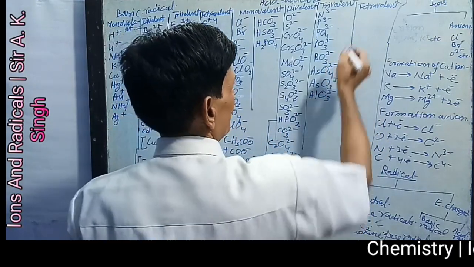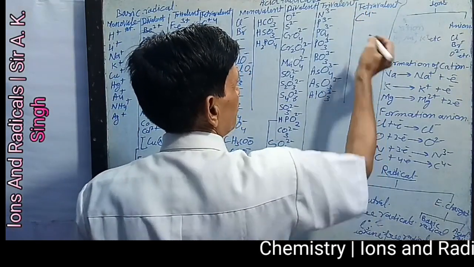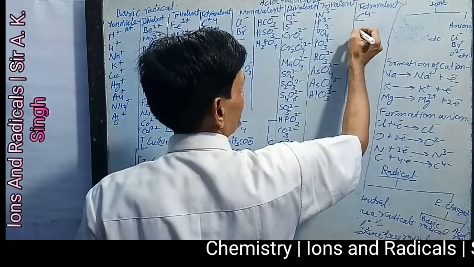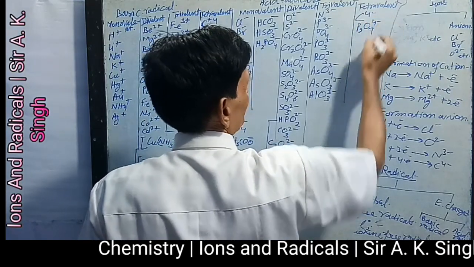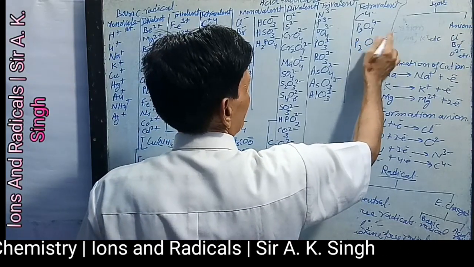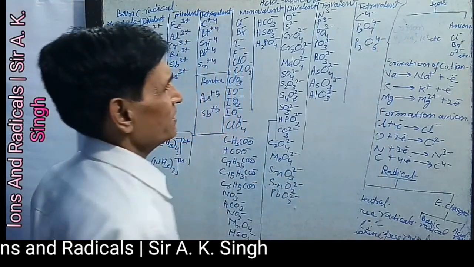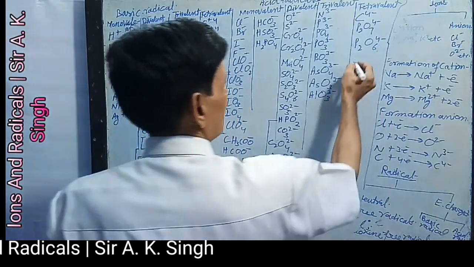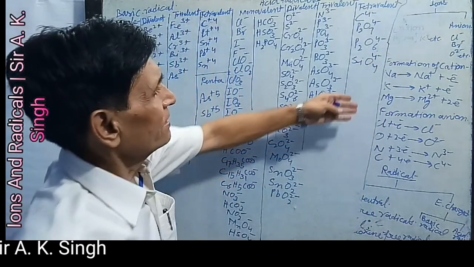They are called tetravalent: carbide, pyrophosphate, P2O7, hypophosphate, P2O6. Hypophosphate, pyrophosphate, carbide, silicate, like that.